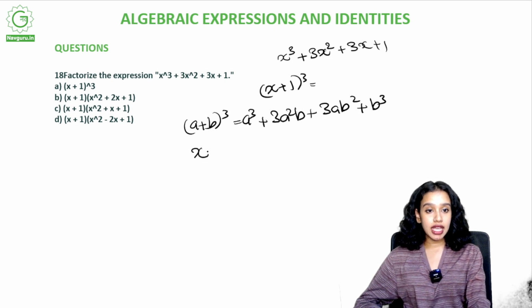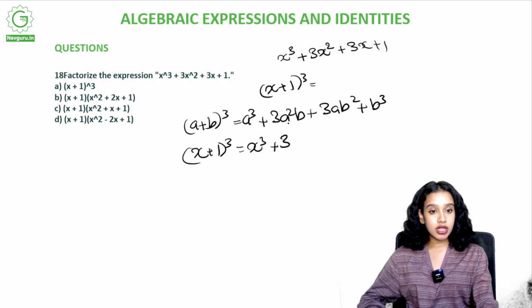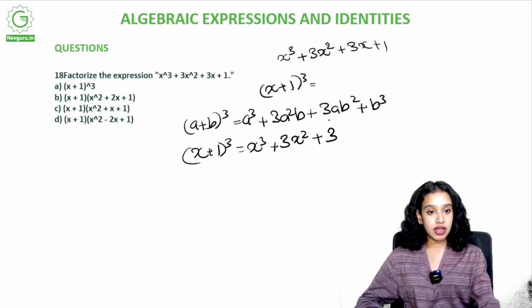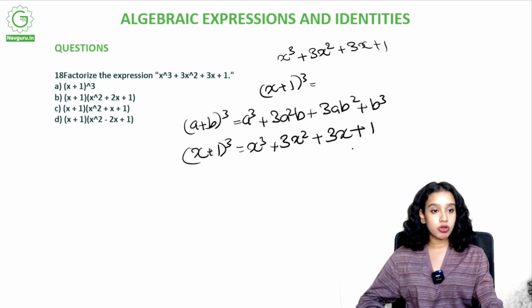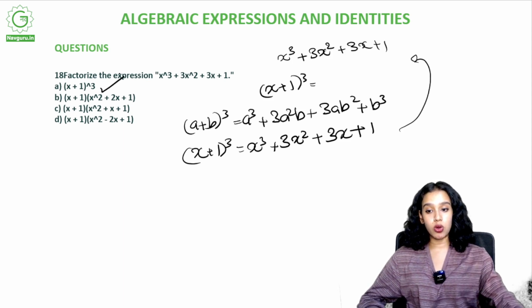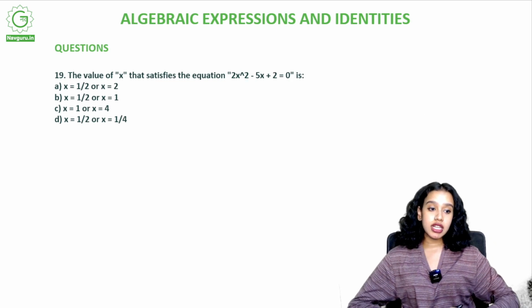Now, if I am putting x plus 1 in the same place, we will get x cube plus 3 times a square, we will get x square, and b is 1, so we are leaving it like that. We have 3a is x and b square is 1 square and b cube would be 1. So, this is the same thing here, so it's x plus 1 the whole cube. Now, moving on to the next question.